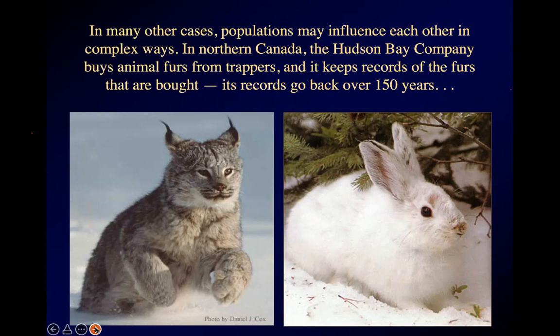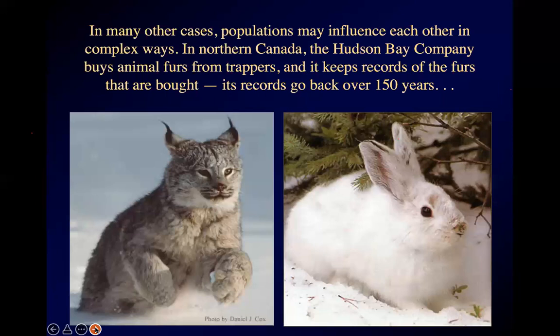There's not much land that you could farm up in northern Canada. It's too cold, it's too snowy. But there are fur-bearing critters, and you might remember the fur trade has been important in North American history since the 1600s. And the Hudson Bay Company keeps records of the furs that it buys.